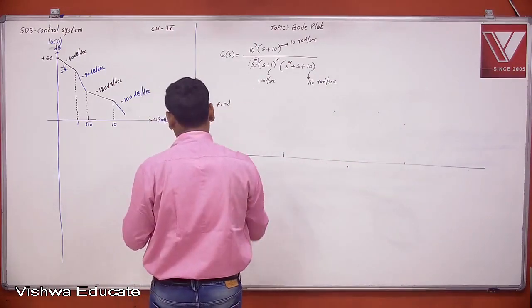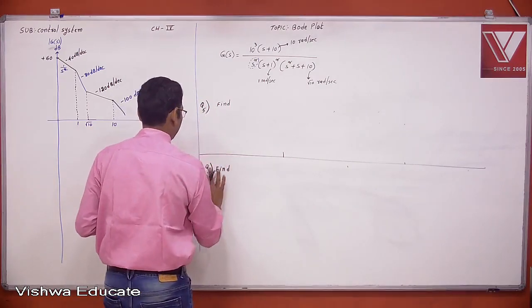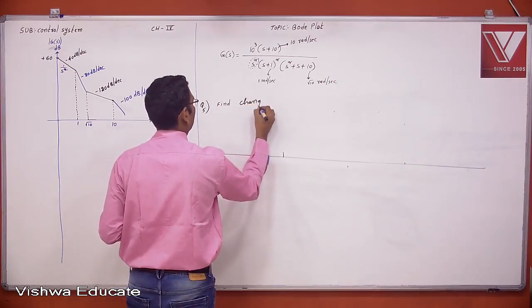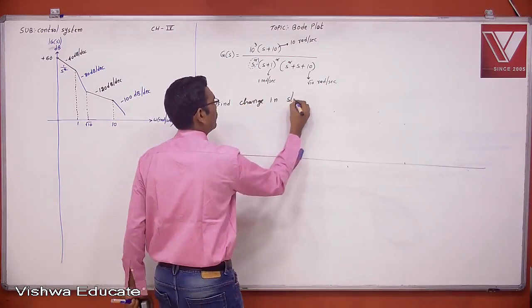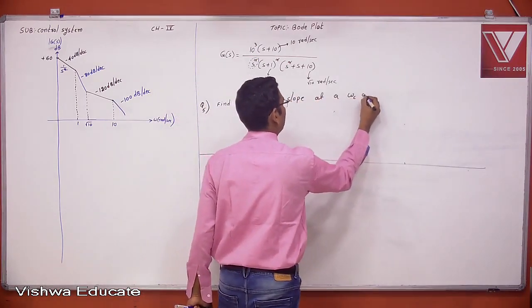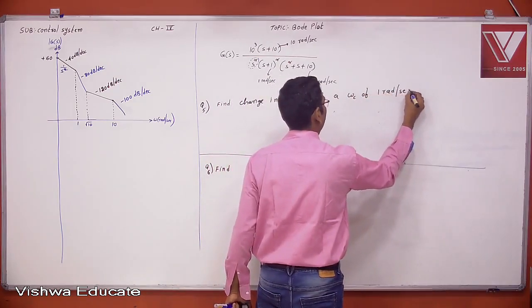Now I'll write one more question. Find the change in slope at a corner frequency of 1 radians per second.